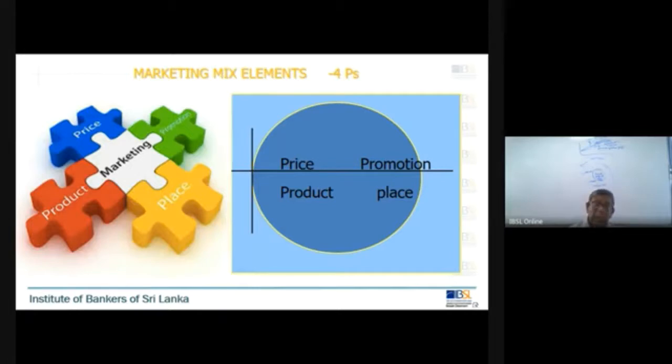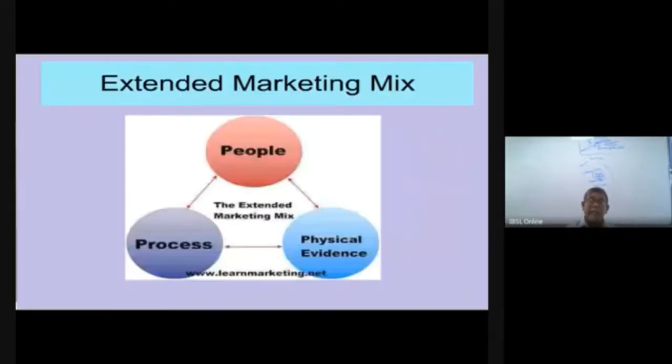Once it comes to service businesses, remember we add another 3 marketing mix elements, another 3Ps: people, process, physical evidence.